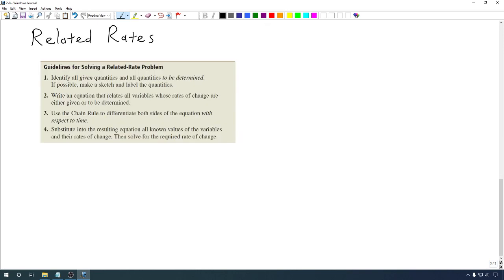Keep in mind here that when we do step 4, we absolutely must do that after we differentiate. Because if variables are changing over time, and we plug in the values before we differentiate, we're treating those values as if they're constant, that they don't change over time.